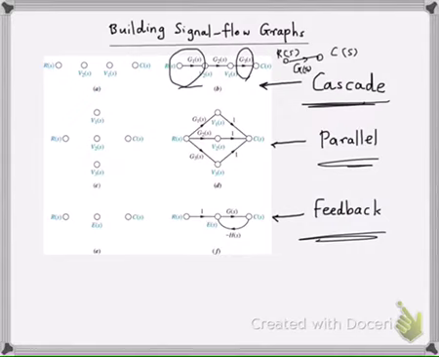And we can actually do exactly the same thing for parallel interconnection. So R is the input, and then we have a bunch of intermediate signals, V1, V2, and V3, which are really the outputs of the three subsystems, G1, G2, and G3, as you see here.